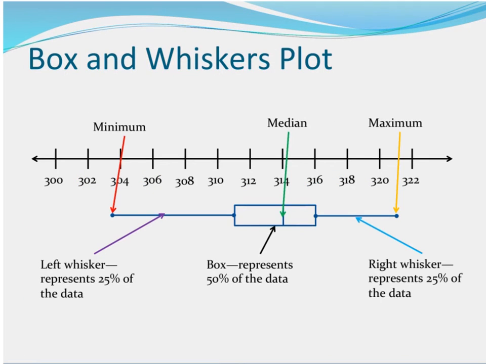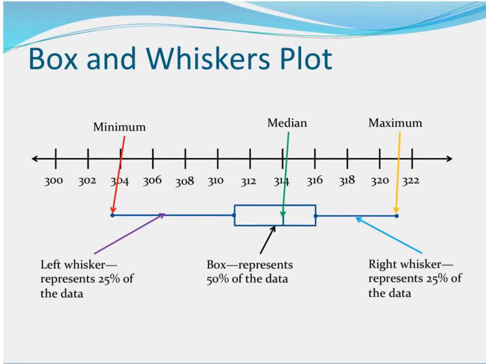Now that we've found those data points that we needed, we go over here and create a number line. Notice 300, 302, 304, 306, so it's an evenly spaced number line, going by 2s. And we plot the median, put a dot there. Plot the maximum, put a dot there. Find quartile 1, put a dot there.